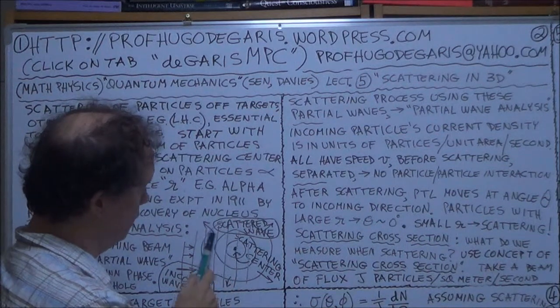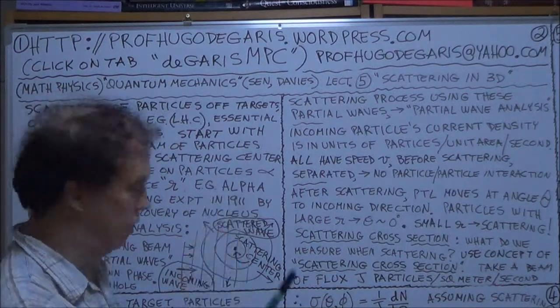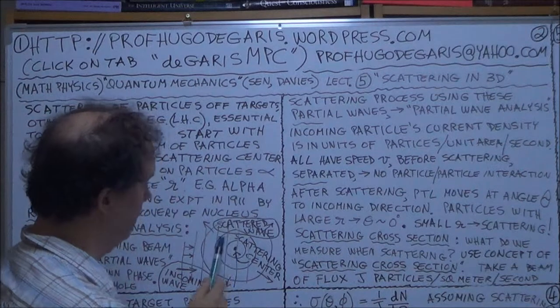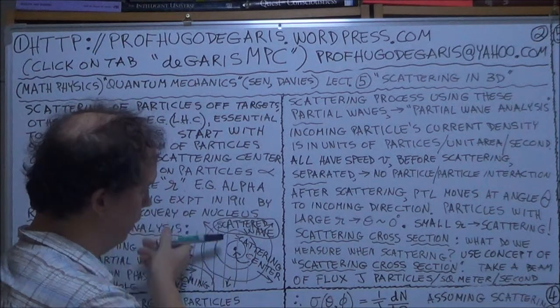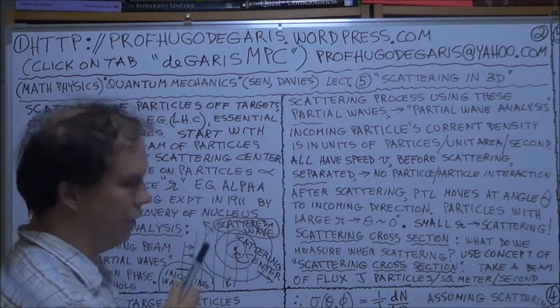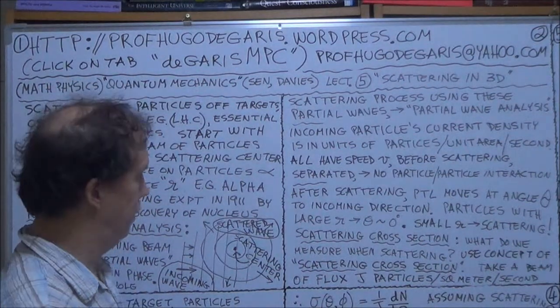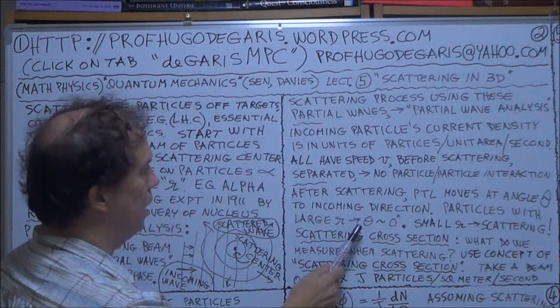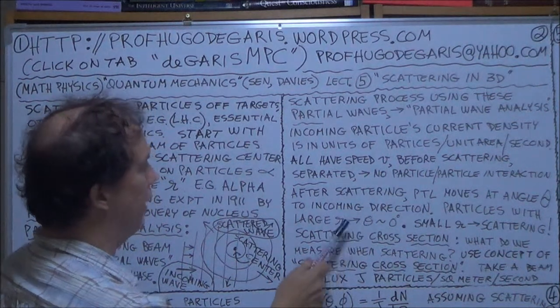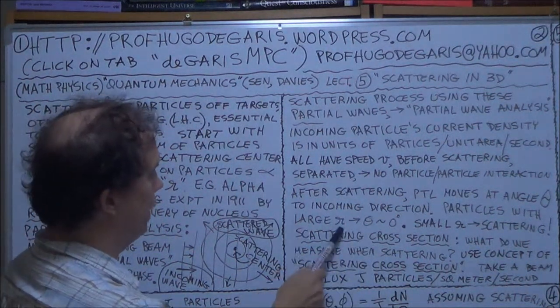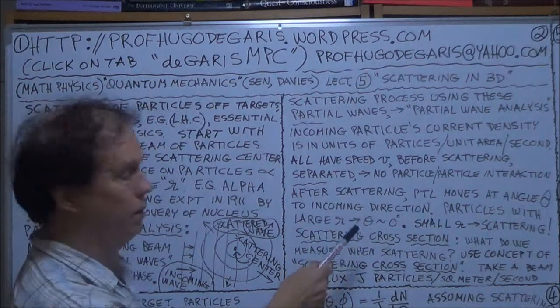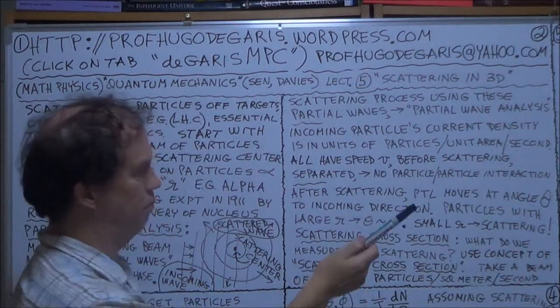Now, the distance r, the shortest distance between the target and the approaching particle: if that r is large, you would expect very little deflection. So your theta will depend on r. If you have a large r, you expect the deflection angle to be pretty well zero.